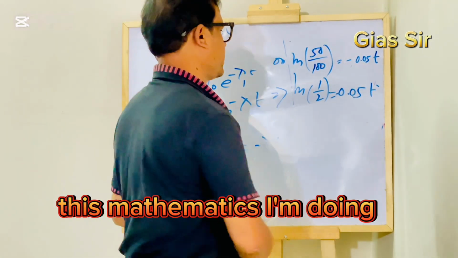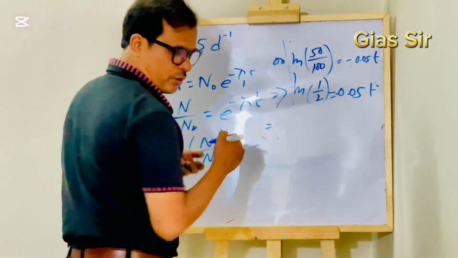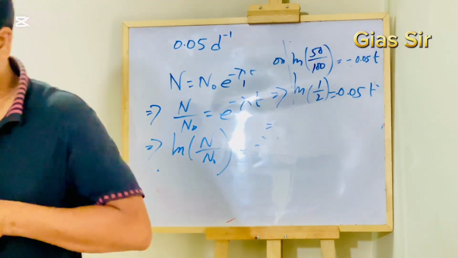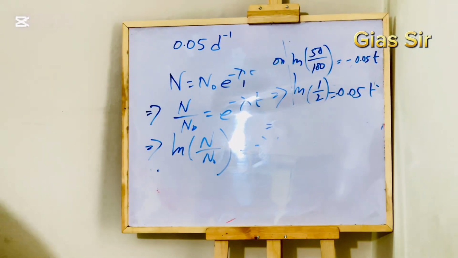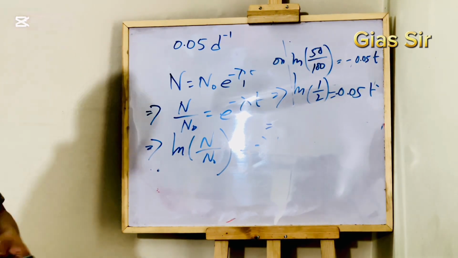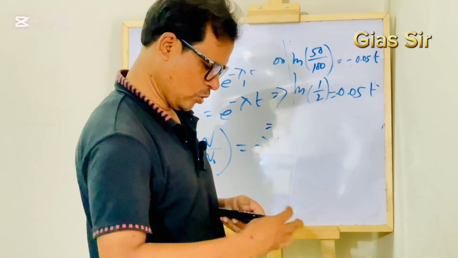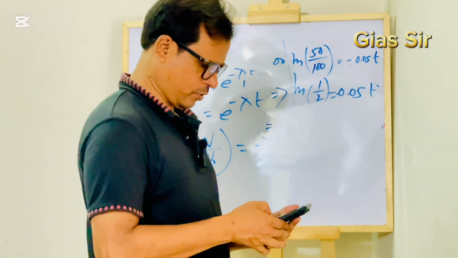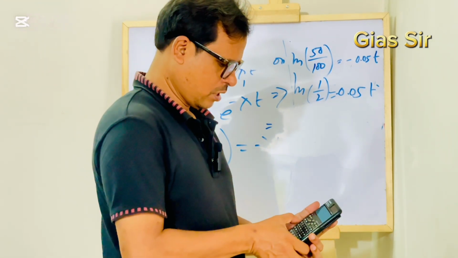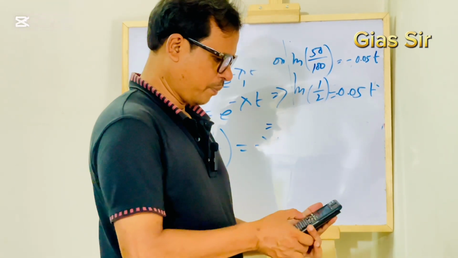Learn. Okay, let me do this by calculator. Where is my calculator? What's the value of ln half? Ln half, 1 upon 2.